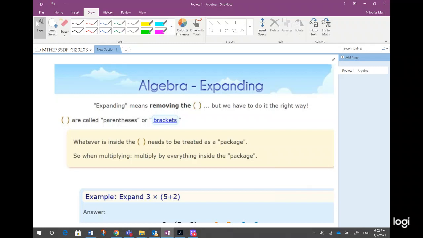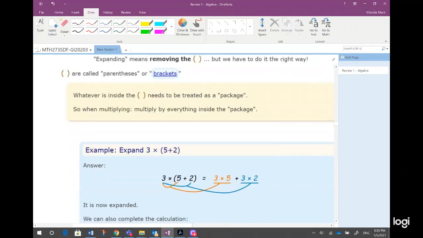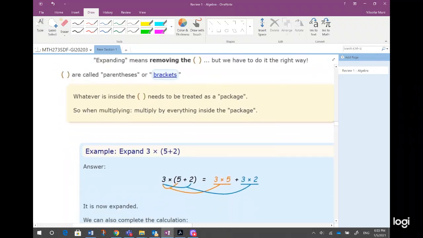Now I want to talk about algebra and expanding. I added all of these to the lesson because I wanted to refresh your mind so you can check this. If I have a number before a bracket, for example a multiplied by b plus c minus d plus e, you have to multiply a with all of them.